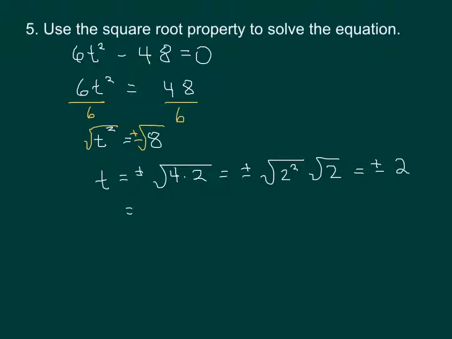The square root of 2 squared is 2, and we still have square root of 2 left over. So t is either equal to 2 square root of 2 or t equals negative 2 square root of 2. You answered 1 and 2.